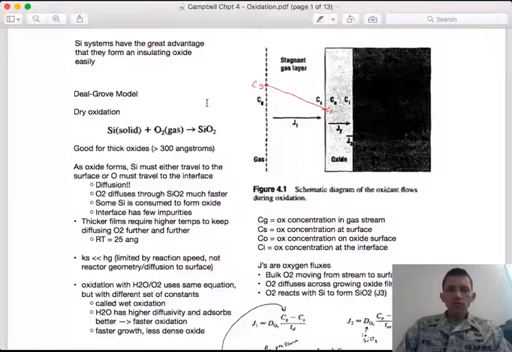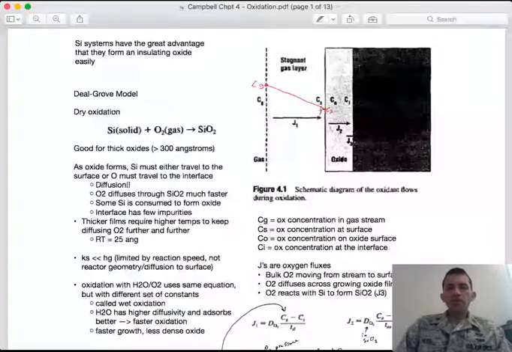When you have a flow, the flow is moving out here, but as it gets closer to the surface, just as is common in many flow scenarios, you're going to have the gas slow down, and so you have this region here where you don't have a flow, and to get across that stagnant gas region, you need to diffuse through that stagnant layer.